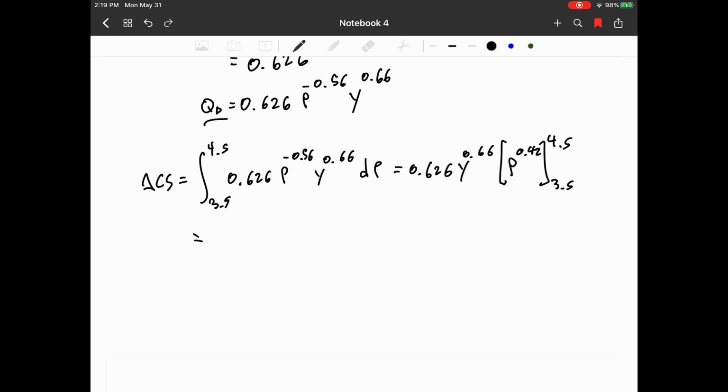And at this point, plugging this into a calculator should give us 0.281 times y to the 0.66.